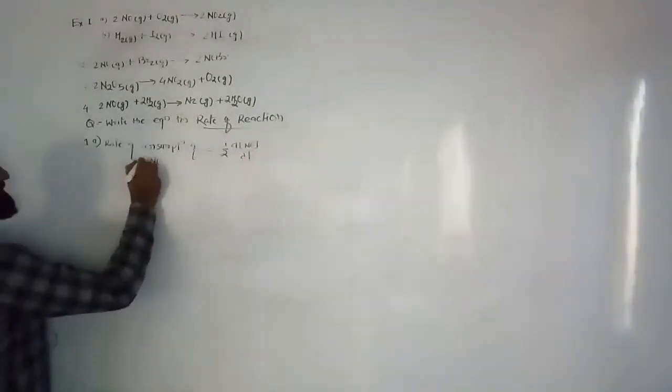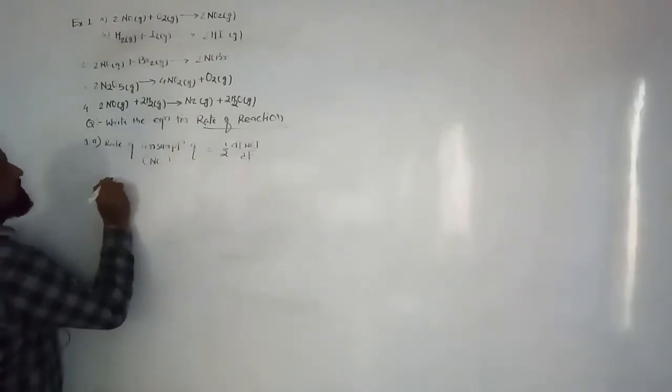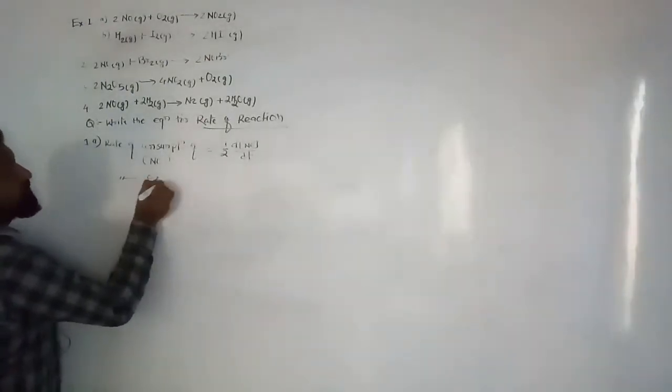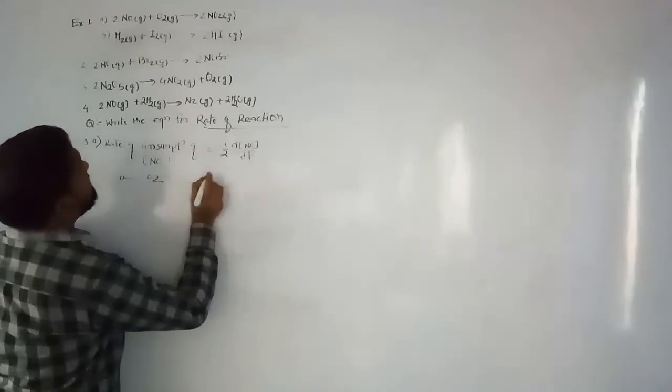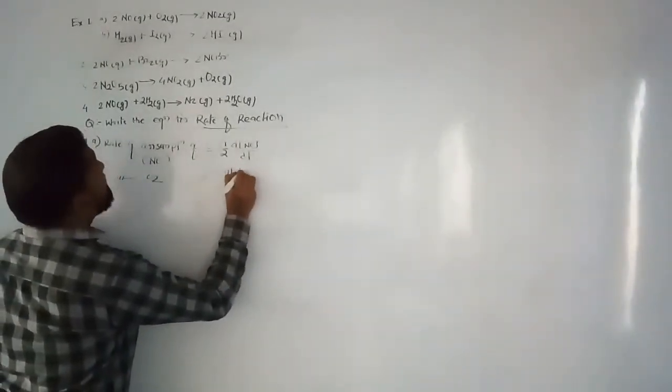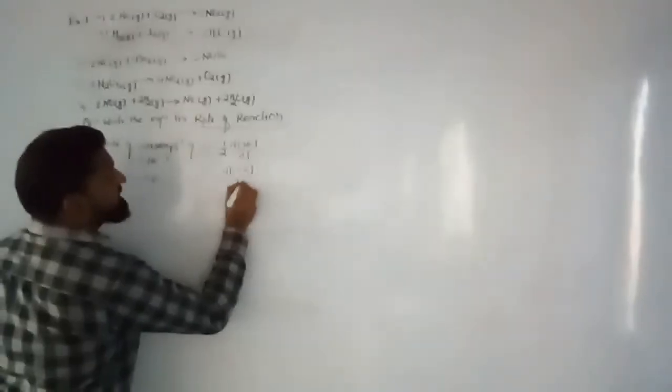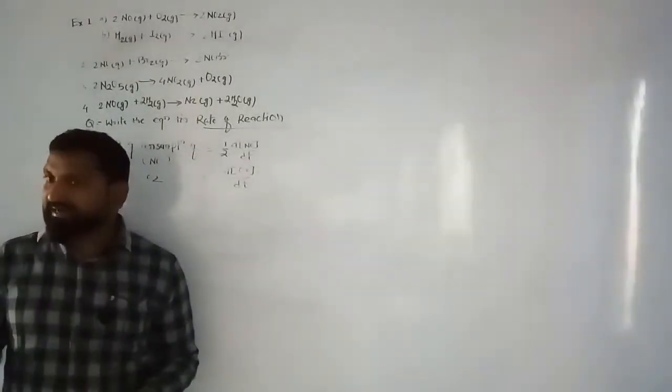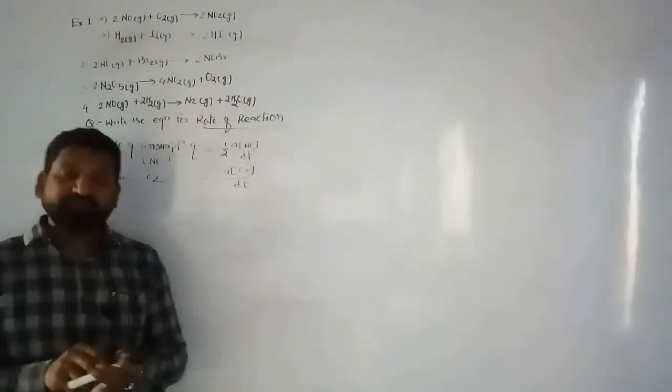After that, rate of consumption of O2 will be equal to minus d[O2] upon dt. Use consumption for reactant, use formation for product.